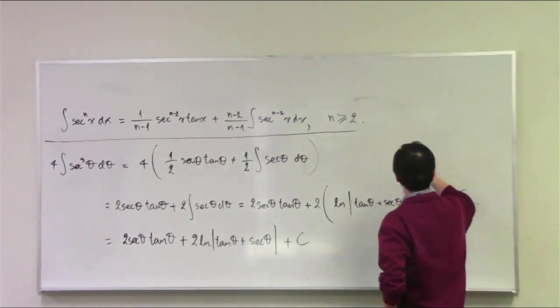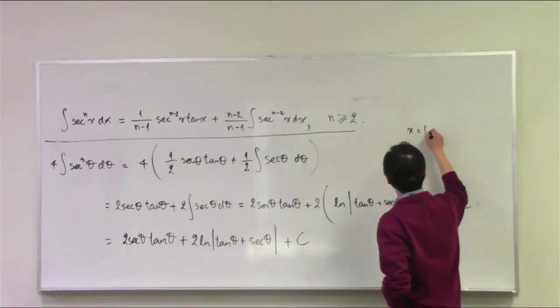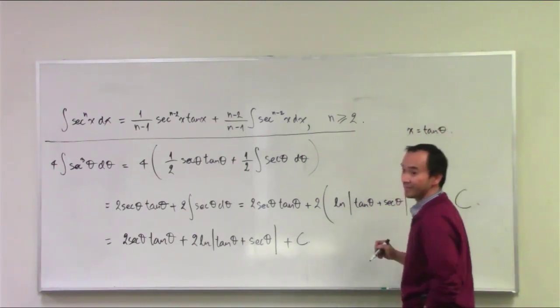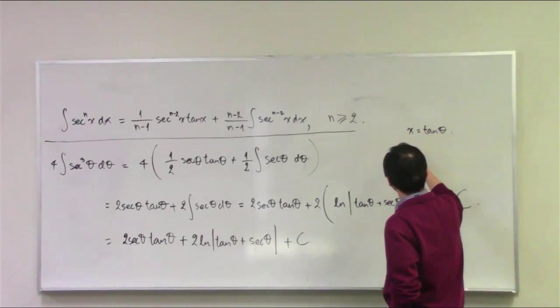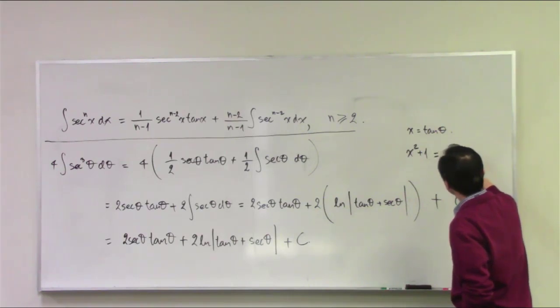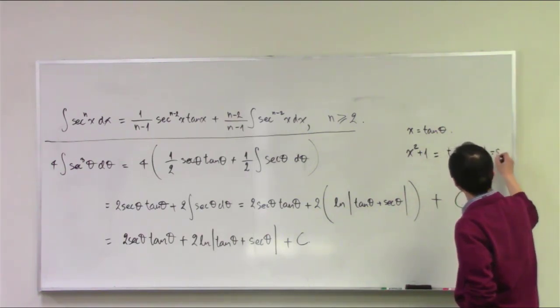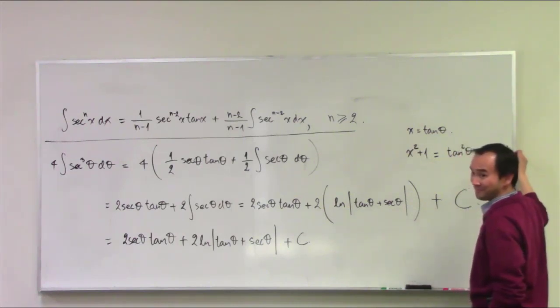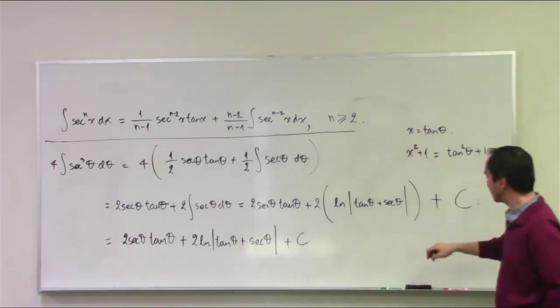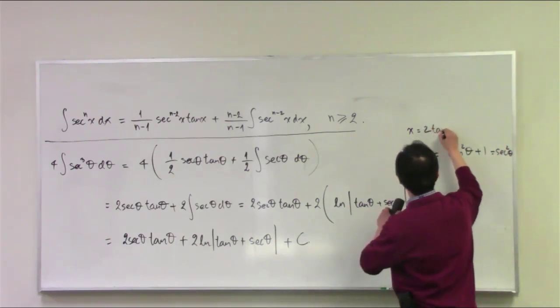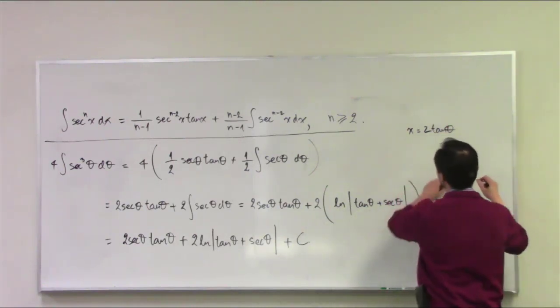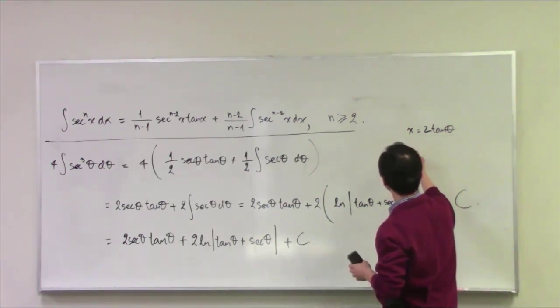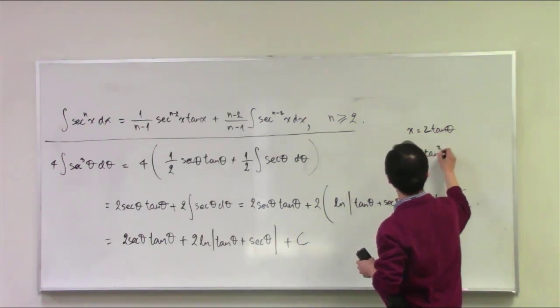So keep in mind the substitution was saying that x equals tangent of theta. See that? x equals tangent of theta, and then of course x squared plus 1 is going to equal tangent squared theta plus 1. That makes it secant squared theta. You guys agree? Professor, it was 2 tangent of theta. You're right. 2 tangent theta. That's not so bad. So squaring that, x squared is going to make it 4 tangent squared theta.